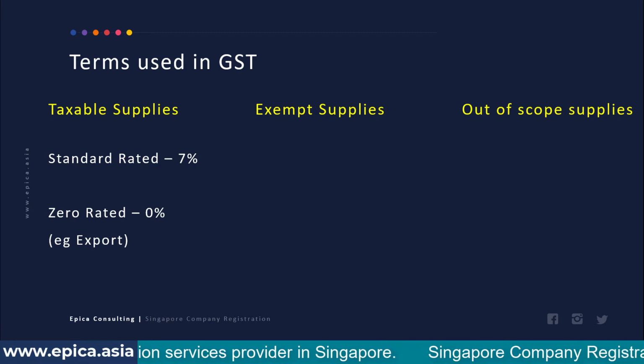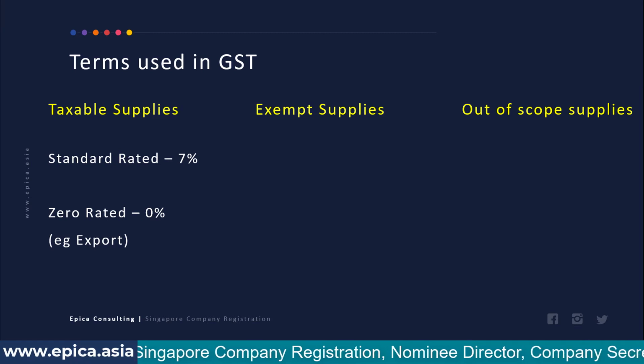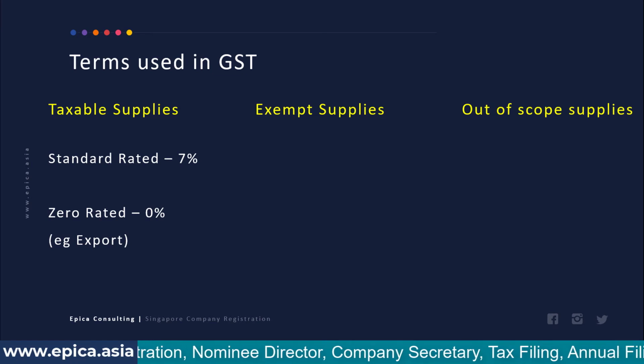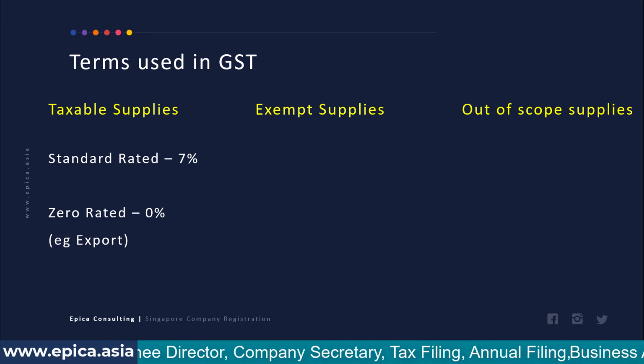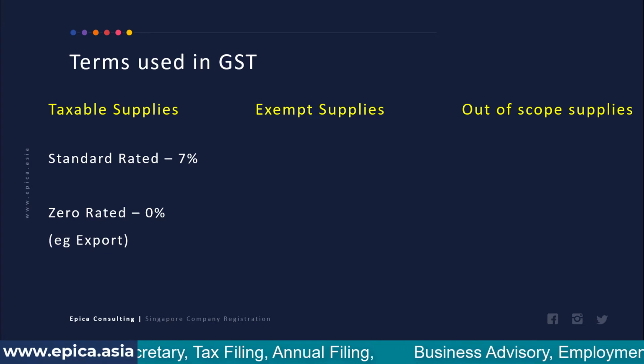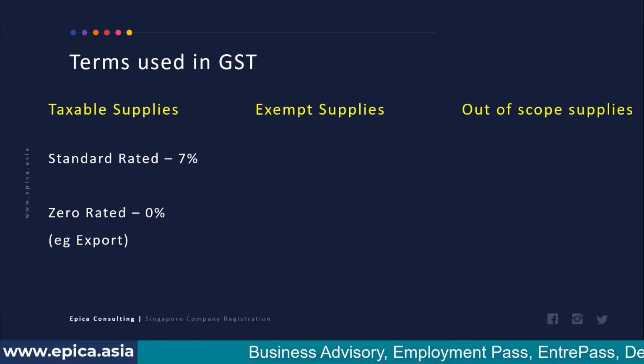Export does not have any GST as per GST regulations, so this sale will be termed a zero rated supply. Just because it is export, it is zero rated. Now, the same laptops, if you sell them in Singapore, will become standard rated because GST is applicable on domestic sales, while on export sales GST is not applicable.